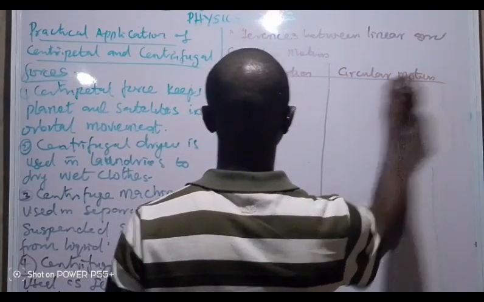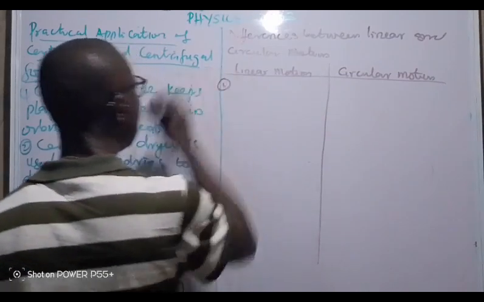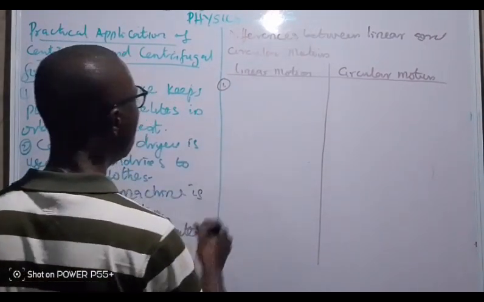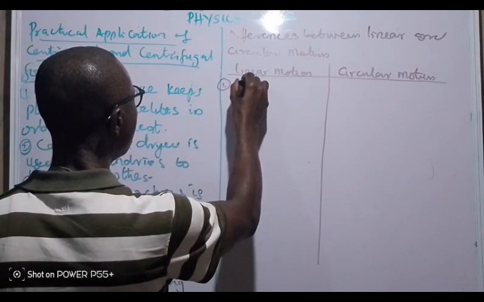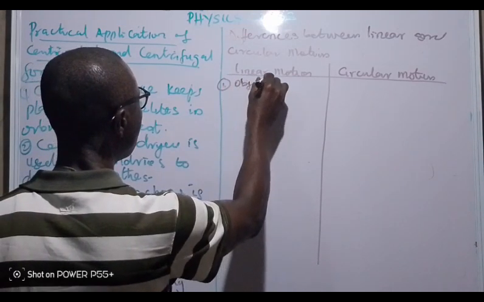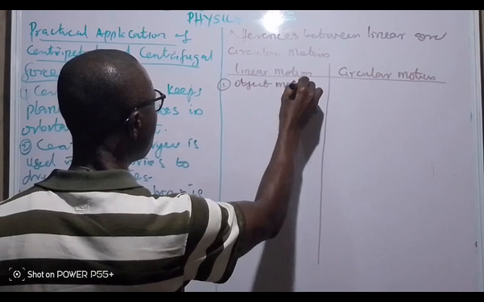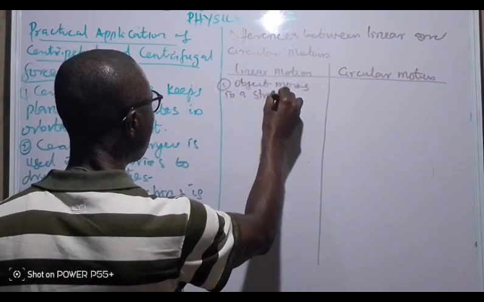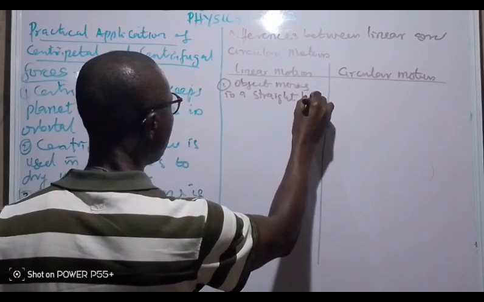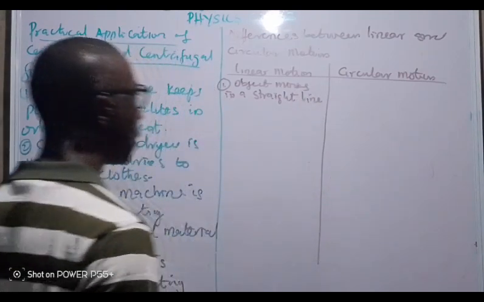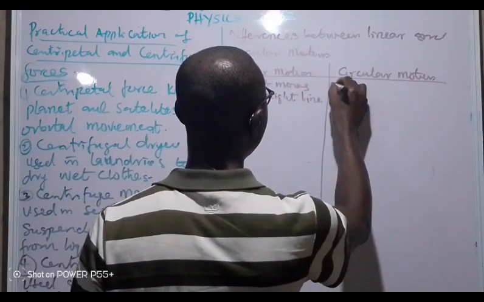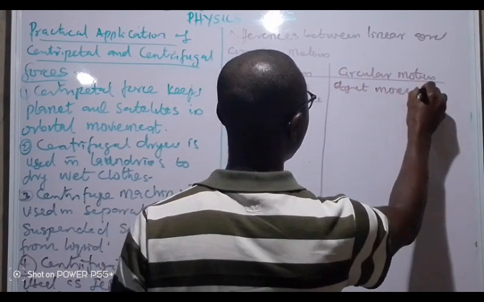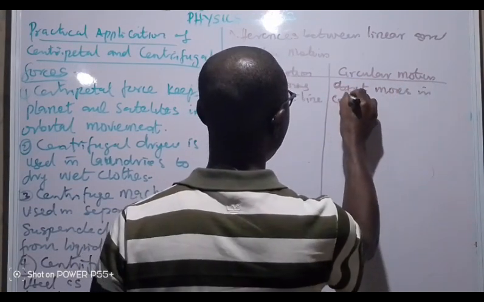Point number one. In linear motion, an object moves in a straight line. And in circular motion, an object moves in circular paths.